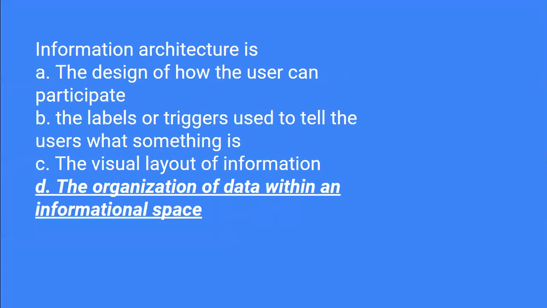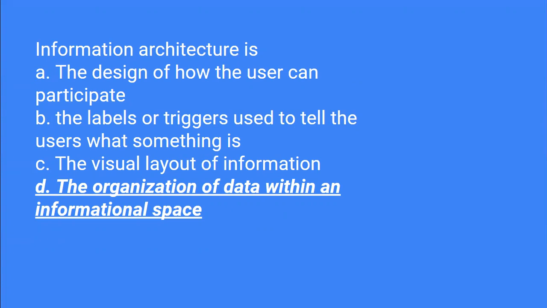Information architecture is: the options are the design of how the user can participate, the labels or triggers used to tell the users what something is, the visual layout of information, the organization of data within an informational space.